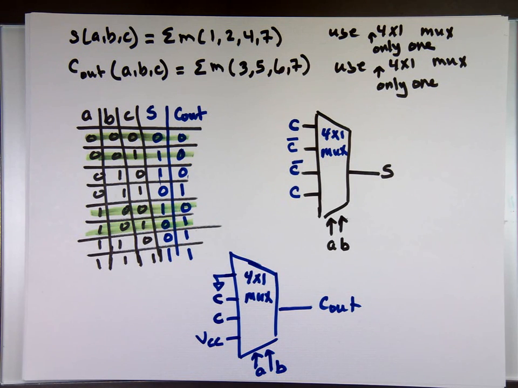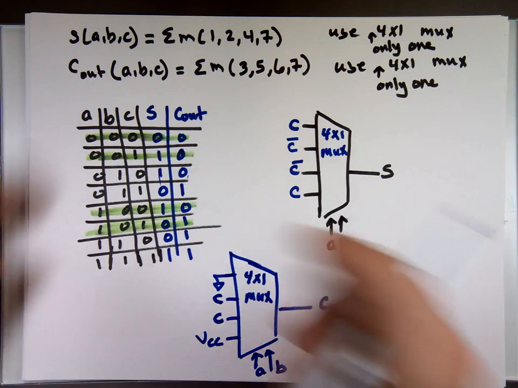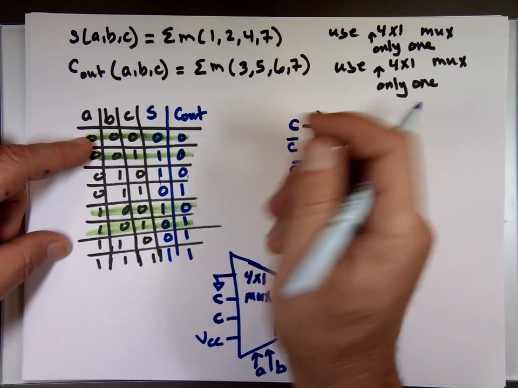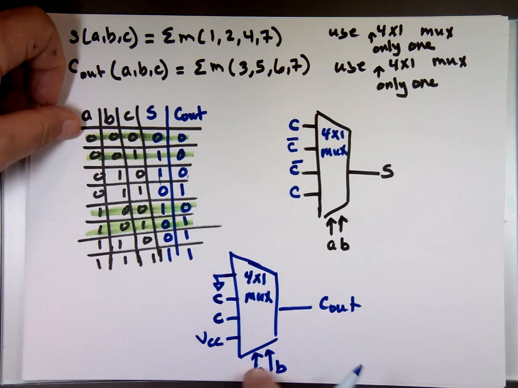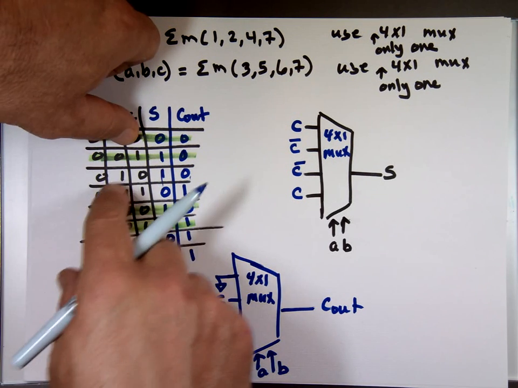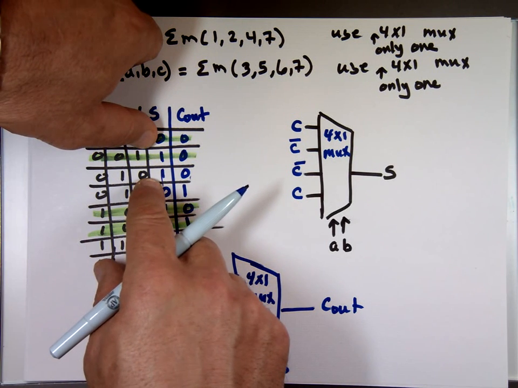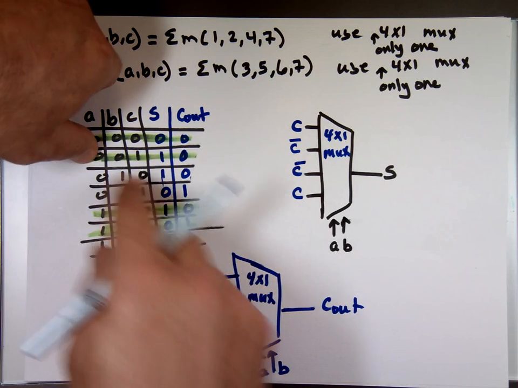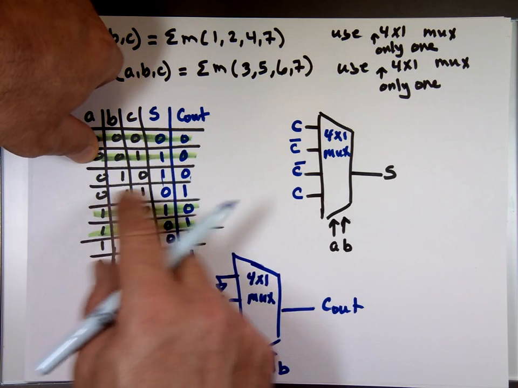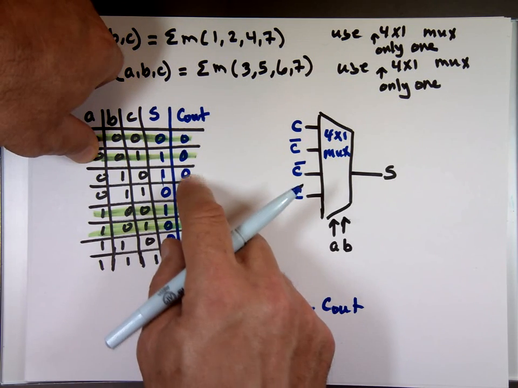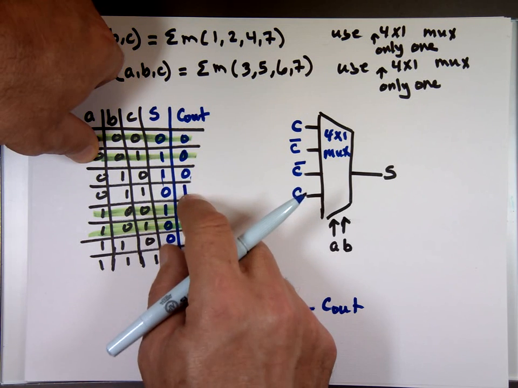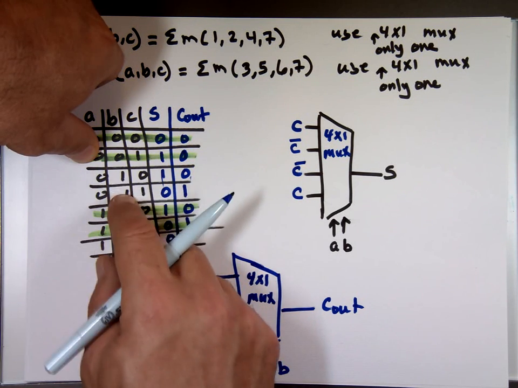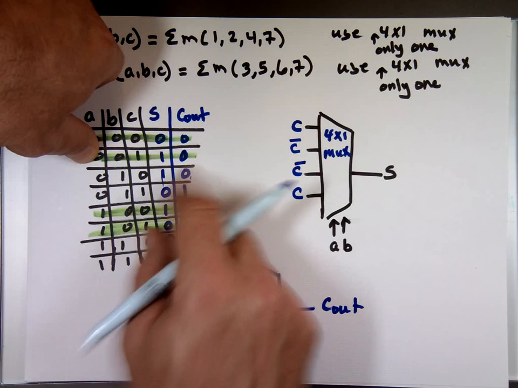Again, I could have used A and C as my control signals. If I chose A and C, then for 0, 0, I have to look at this one and this one and try to compare them. I see that C out is 0 here. Then for 0, 1, I have to compare it to B, and it says I don't really care.